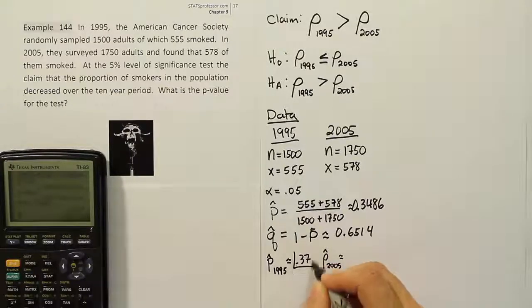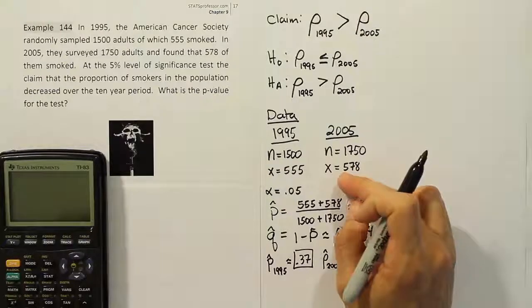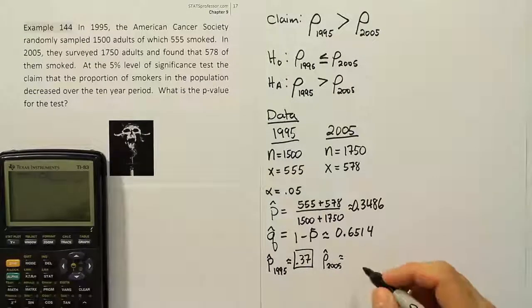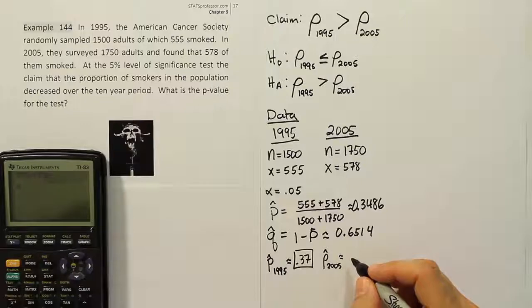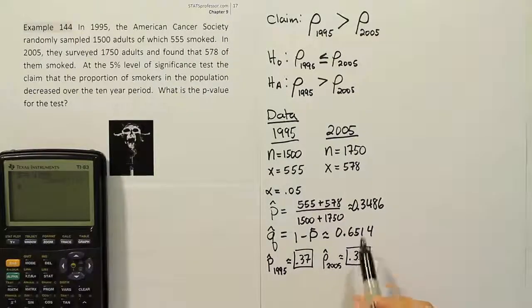Then we do the same thing one more time: 578 divided by 1750, and we get 0.3302, etc. So I'm going to just call it 0.33. That's close enough. So there are our two p-hats. We have our pooled estimator of the population proportion and its complement. We're ready to go.